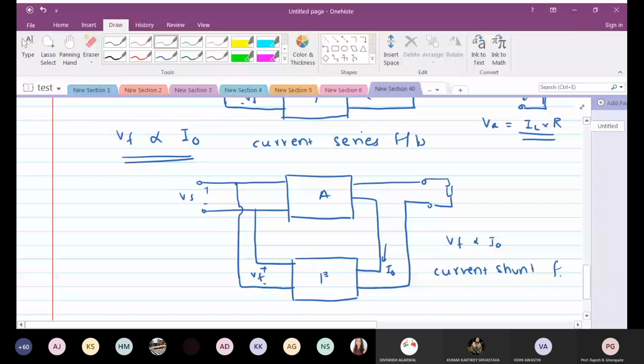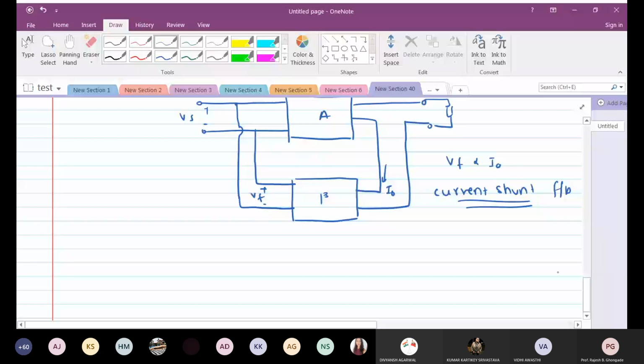So have you understood the four topologies of feedback? Yes, sir. Okay, quickly we will see another interesting thing.